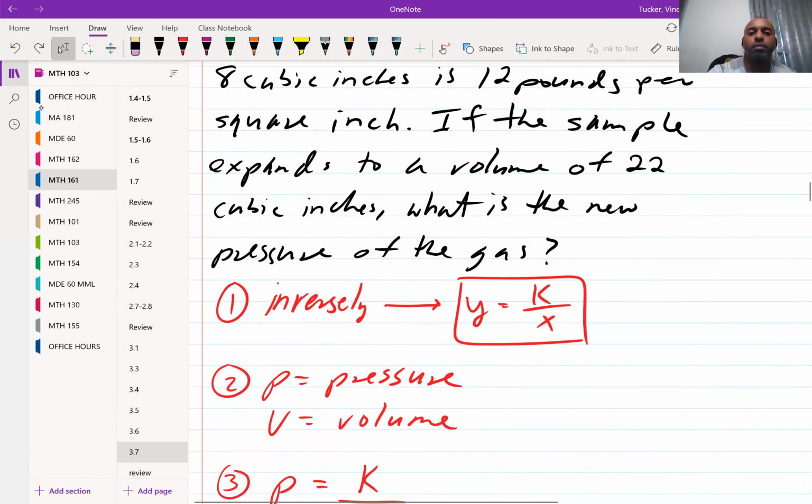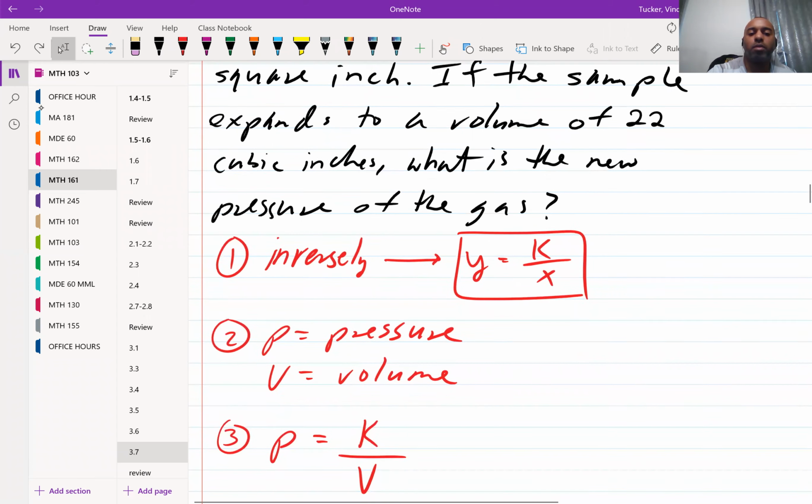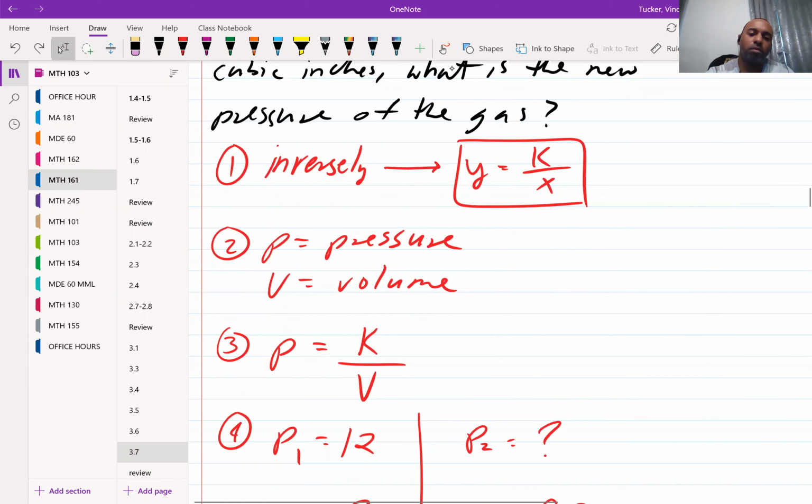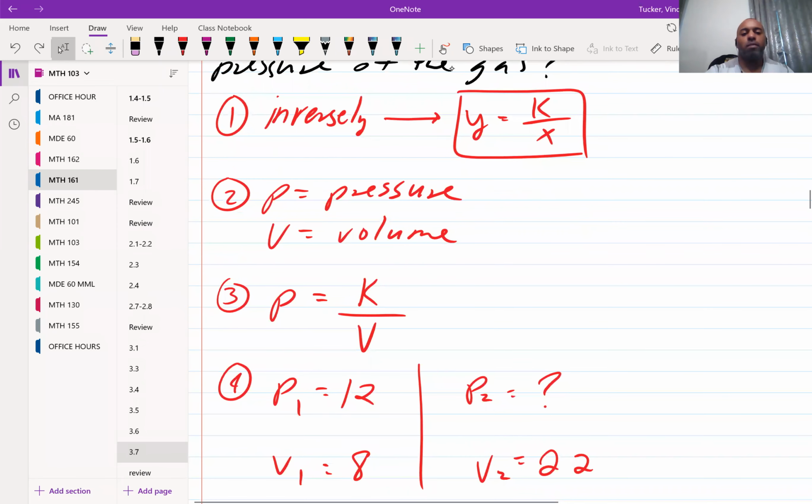All right. Plug in your variables. That'll be P equal to K over V. Just like before, you have all the information of one relationship, and you're missing a piece of another.